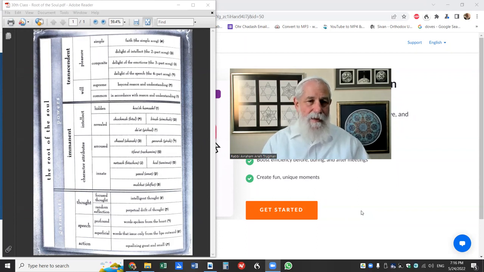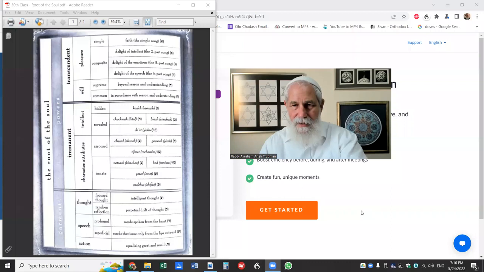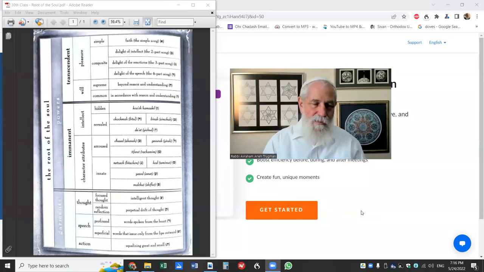So here, we're going to start on the far left, and we see that we start very general, and it becomes more and more detailed, with more particulars, as we move in this direction to the right. So we begin on the left with the powers and the garments of the soul.